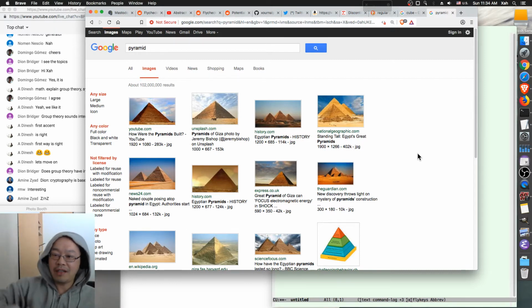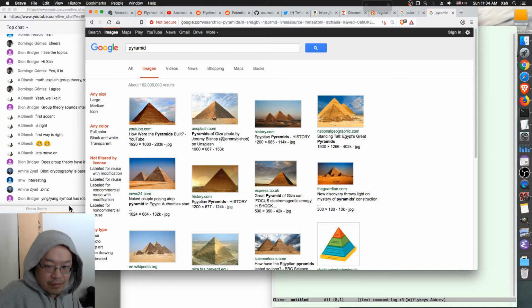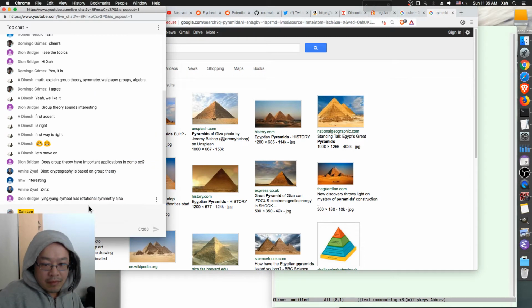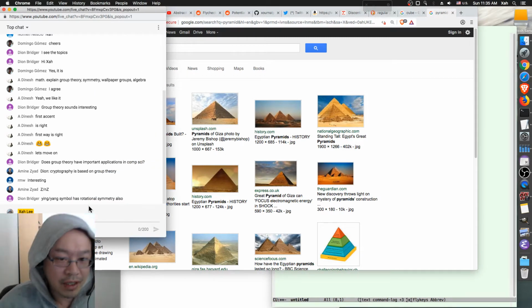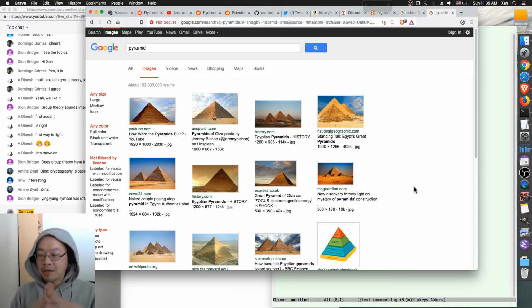We have a plane that gives us a mirror symmetry. We have another plane that gives us symmetry. And also we have a rotational symmetry over a vertical axis. Yes, the yin yang symbol has a rotational symmetry. Okay, so these are symmetries.